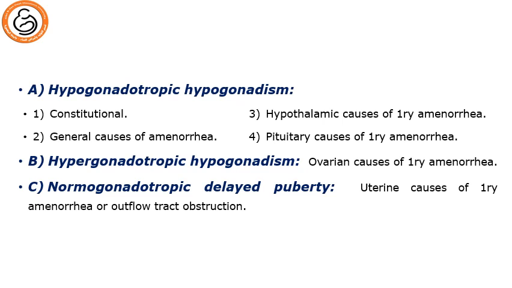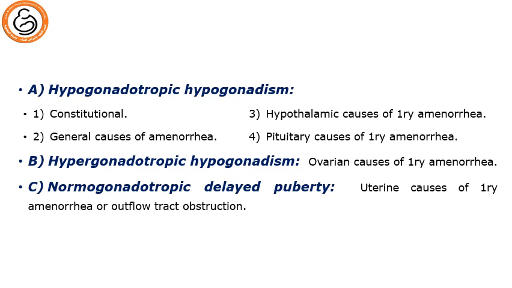Hypothalamic causes of primary amenorrhea result in reduction in the gonadotropin-releasing hormone release or absence of its release, which in turn will affect the FSH and LH release from the pituitary. General causes of amenorrhea, pituitary cause of primary amenorrhea. The second type is hypergonadotropic hypogonadism, which includes ovarian causes of primary amenorrhea.